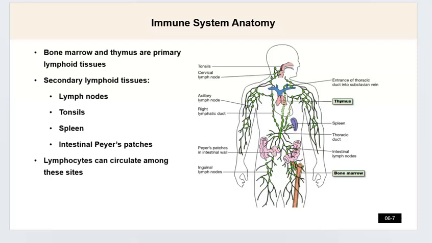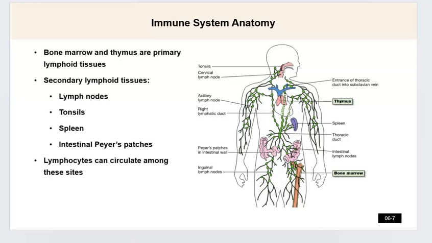The book moves on to the functional anatomy of our immune system. We have specialized organs and tissues termed lymphoid organs and lymphoid tissues. Figure 6.4 in your book is where we're at here.